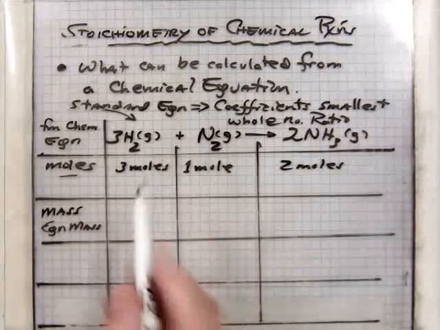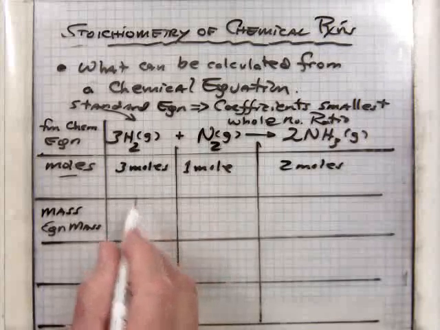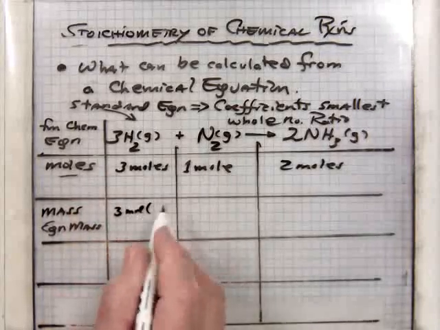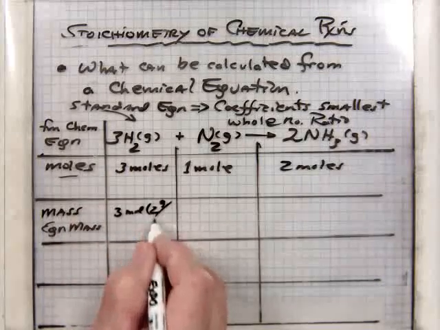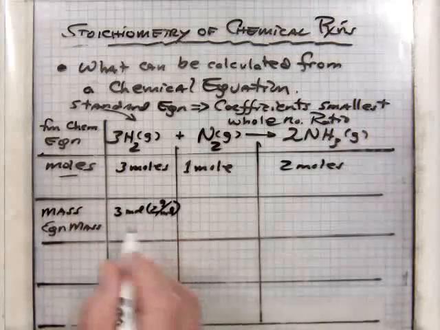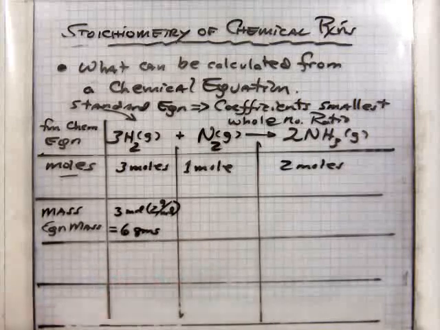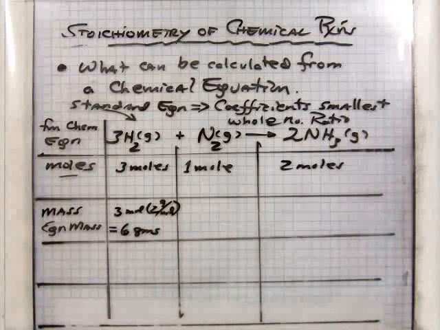So we have 3 moles times 2 grams per mole, and that gives us 6 grams equation weight from the standard equation.